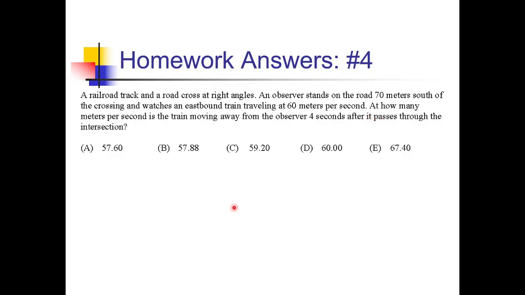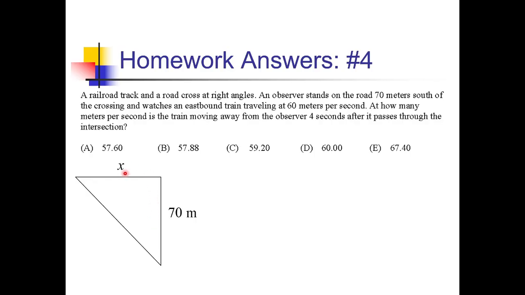Let's draw a picture. So I'm going to use a triangle. Here at the vertex of the triangle, this is like a railroad track. We have a train going this way. We have an observer down here. So this is going to be 70 meters right here. And I don't know what the distances are here because the train's moving, but I'm going to represent them with some variables.